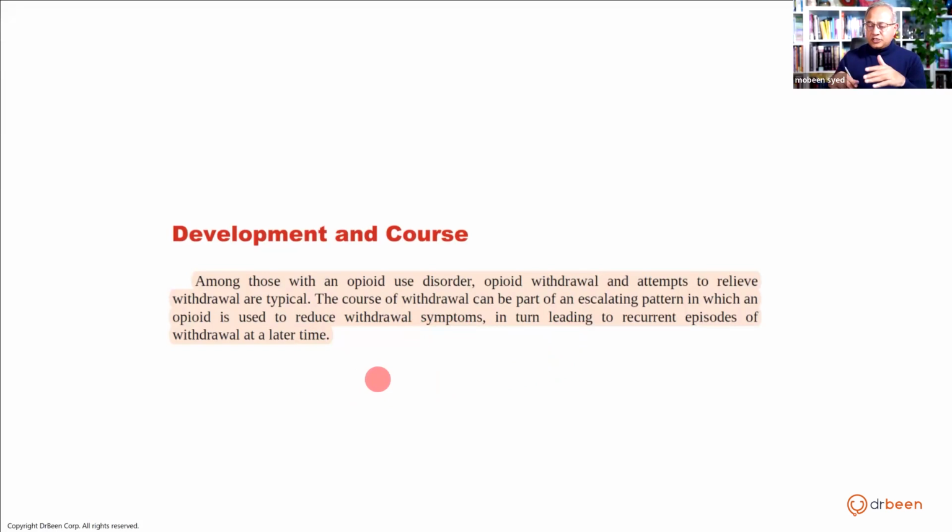So the patient, or the doctor, or all together, make an effort to quit or stop, but then withdrawal occurs, and there is an attempt to relieve the symptoms by taking the opioid, then stopping again, then withdrawal occurs again. So there is a repeating cycle of this outcome.